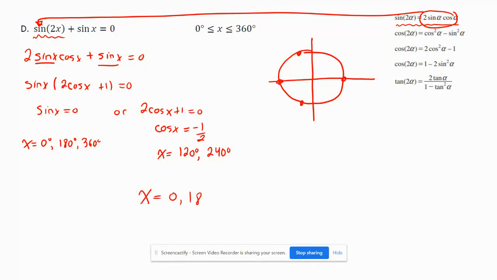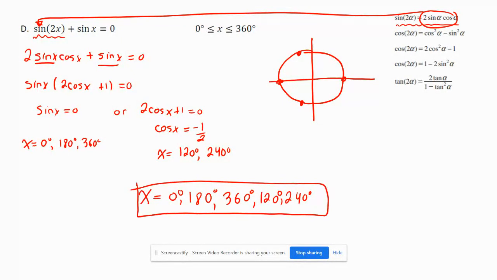So I'm just going to group all of our solutions together here, and that's our solution right there.